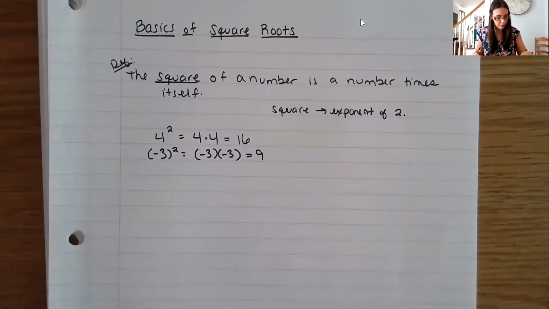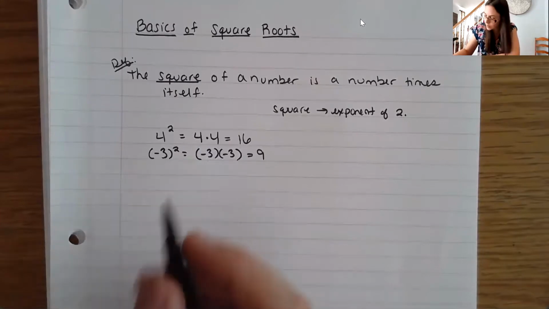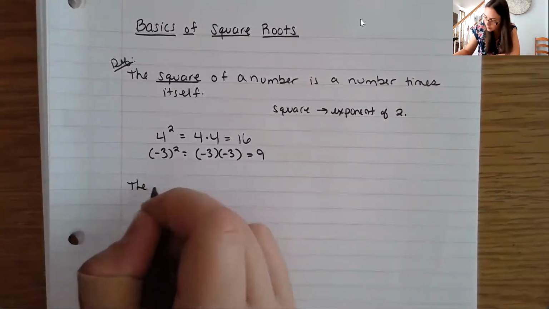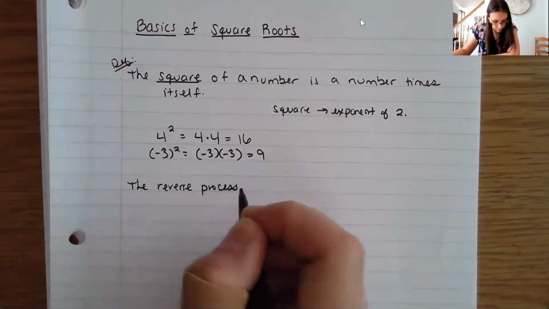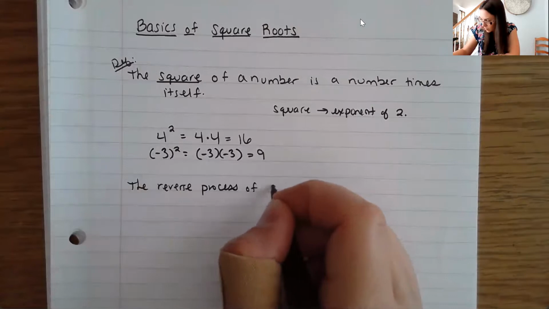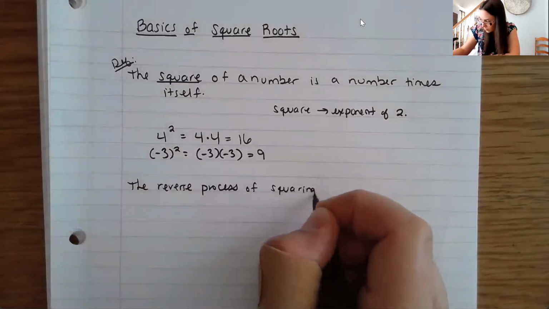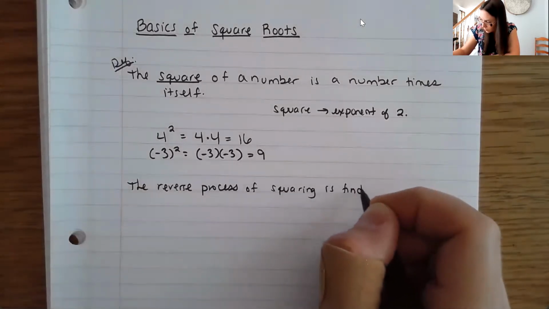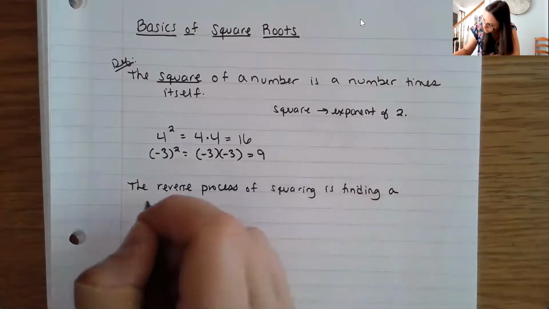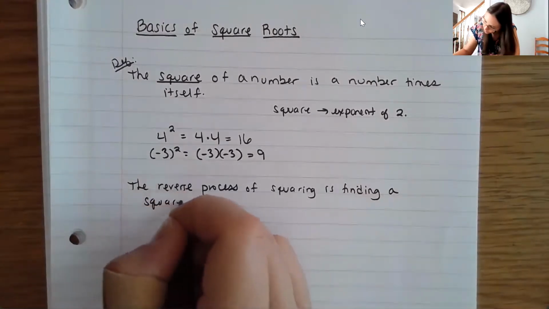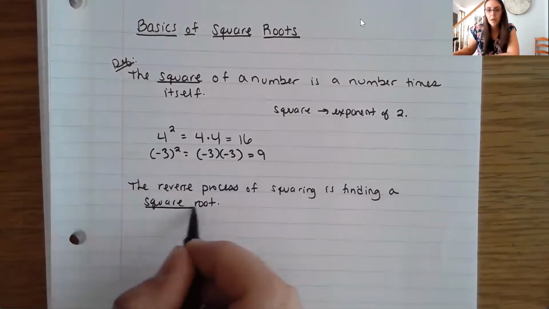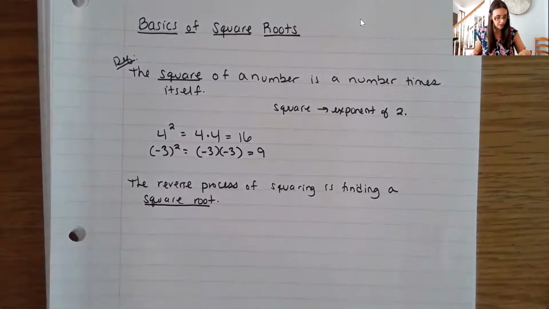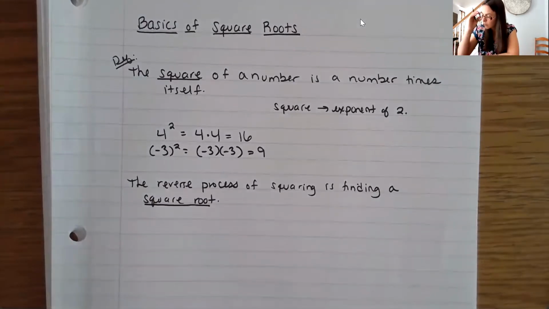Okay, so we know what squares are. And the reverse process of this is finding a square root. So the opposite idea is to find the square root.